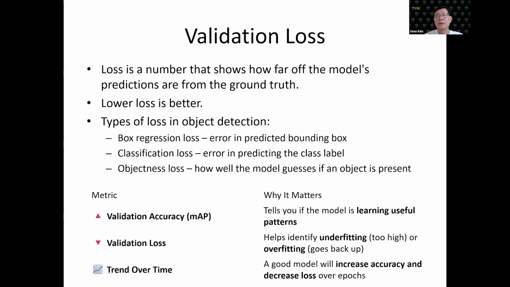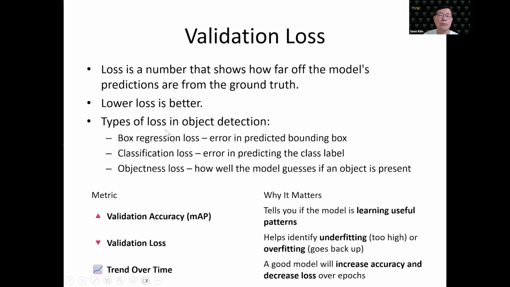For example, detecting a cat, around the cat it makes a bounding box and says, okay, there is a cat. But what if they are different from the ground truth? If they are very different, we say that the loss is high. If they are very similar, the loss is minimal.